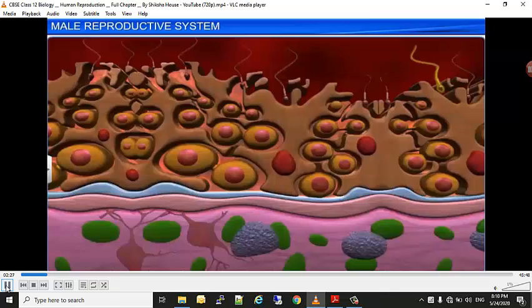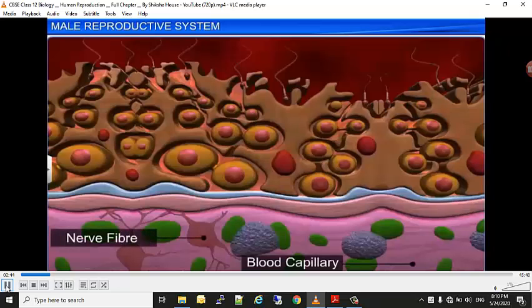The region outside the seminiferous tubules contains blood capillaries, nerve fibers, and small groups of large glandular cells called interstitial cells or Leydig cells. What are Leydig cells?